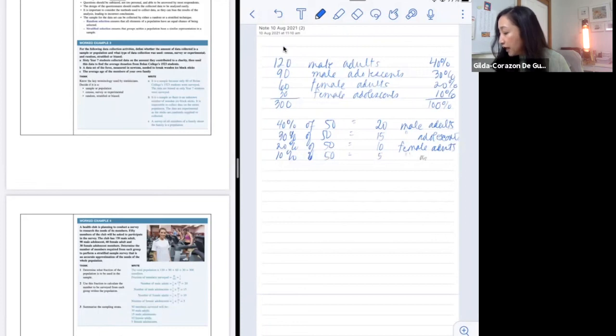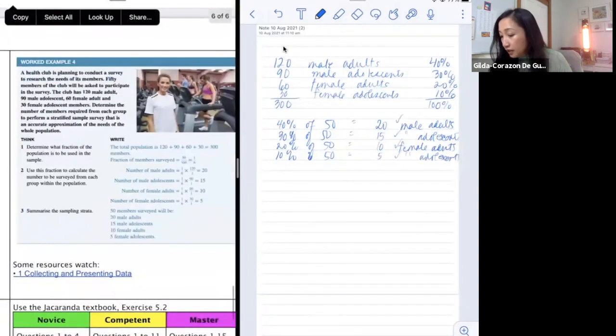That's female adolescents. Okay, so then that means you need 20 from the first group, 15 from the next group, 10 from the third, and then 5 from the last one there. Okay, and what else do we need? The accurate approximation of the needs of the population.